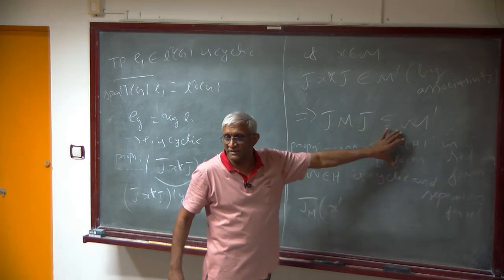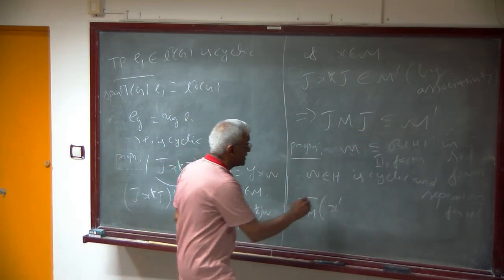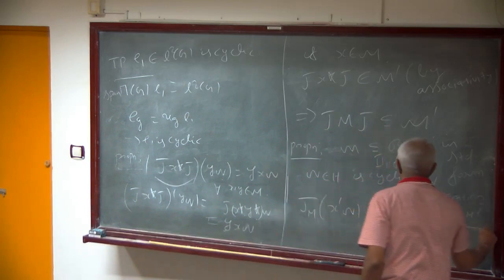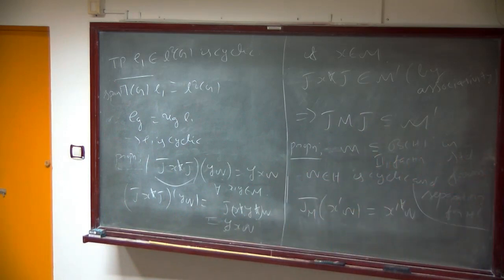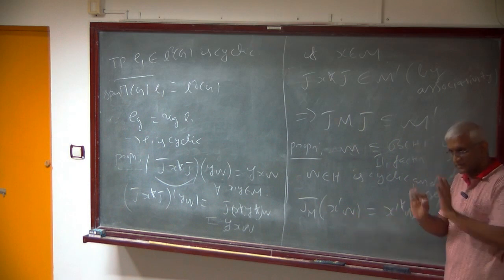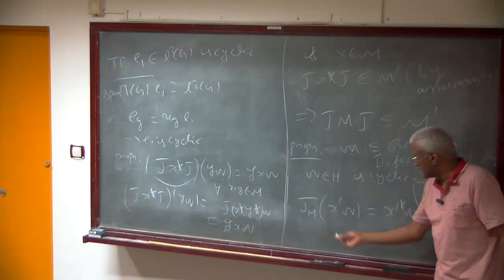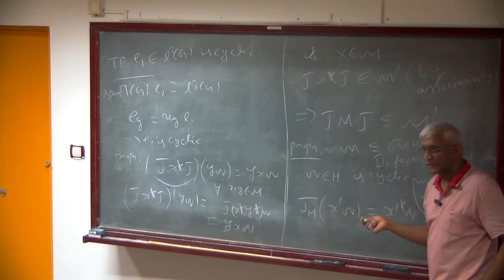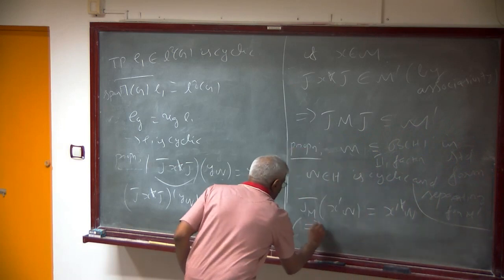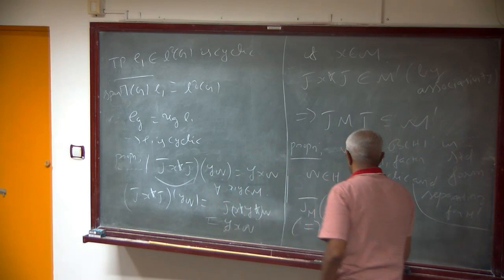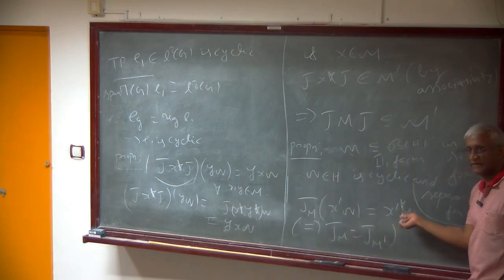J_M of x omega is x star omega. That is how it is defined. Now J_M of x prime omega is also x prime star omega. This actually implies J_M equals J_M prime. This is how J_M prime is defined.